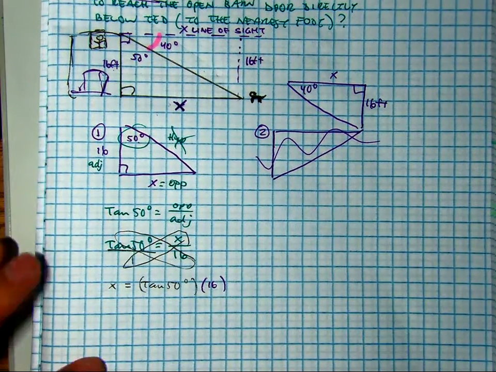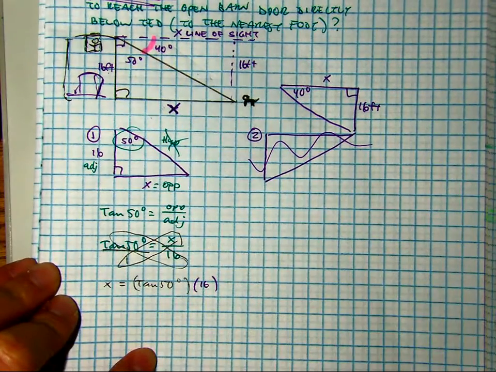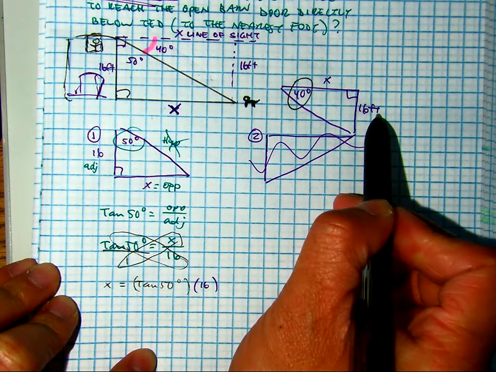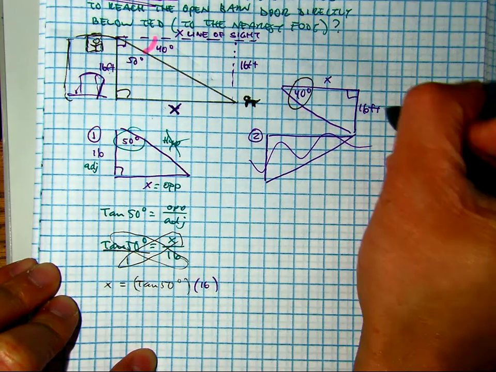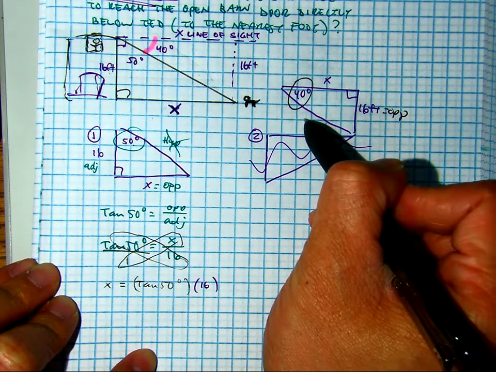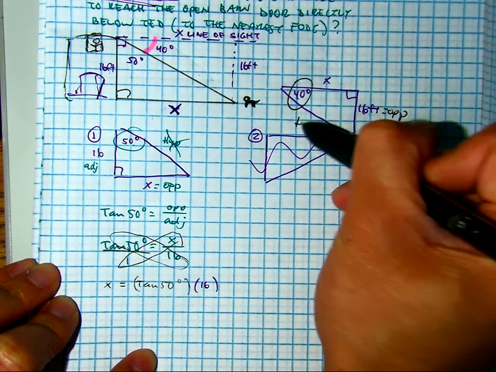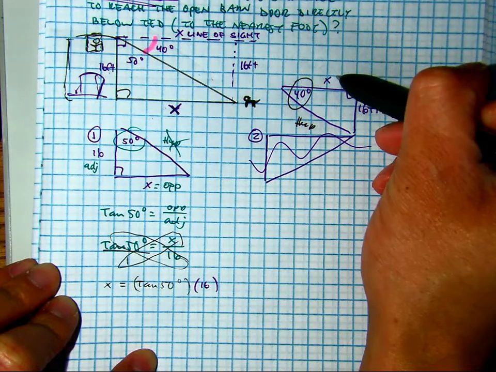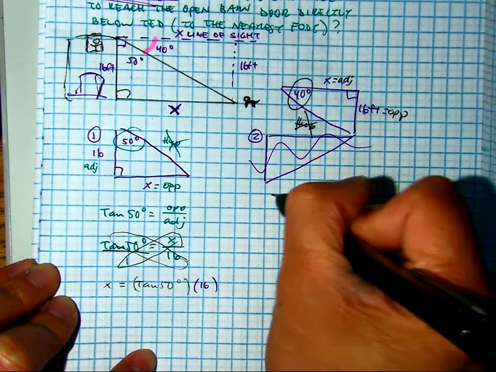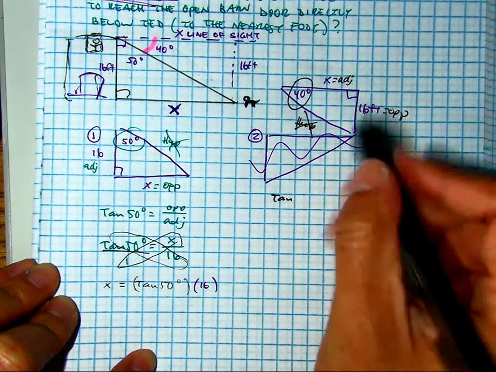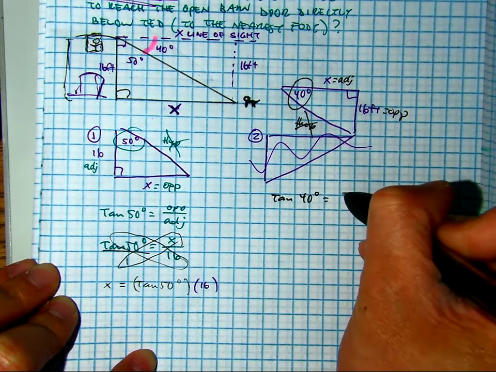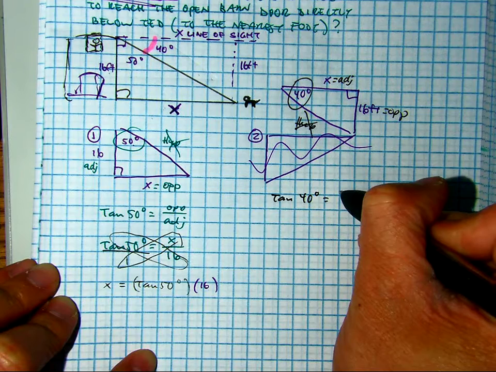Let's look over here. This is my starting point. Class, what do you have here? Opposite. And this one is the hypotenuse. And this one is the adjacent. So now I have tangent, because I have opposite over the adjacent from SOHCAHTOA, tangent of 40 degrees equals opposite over adjacent, which is 16 over x.